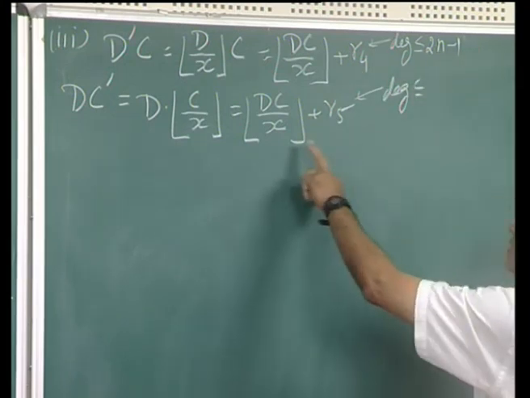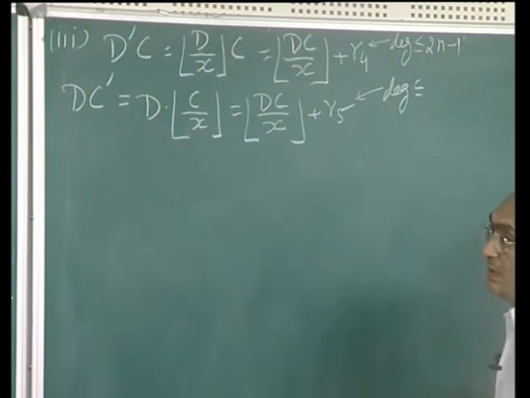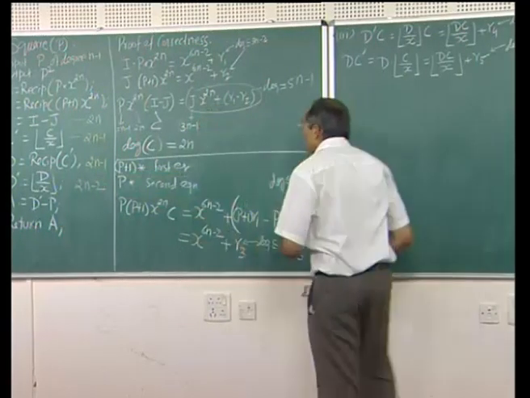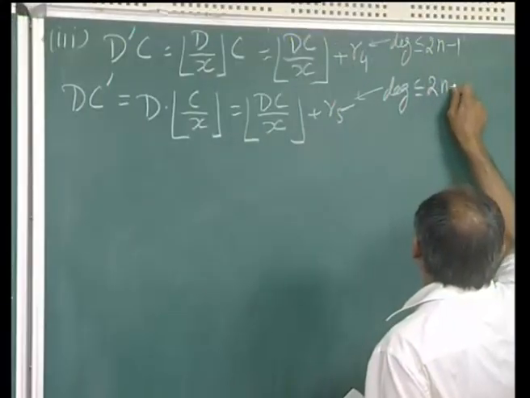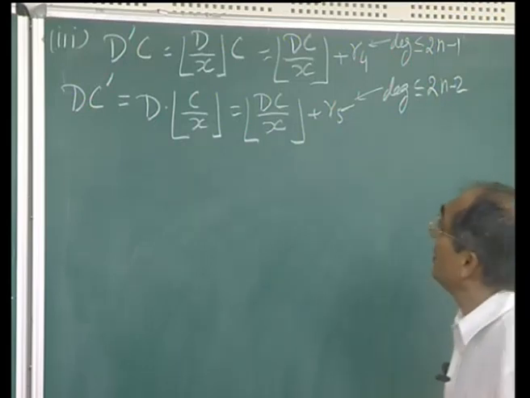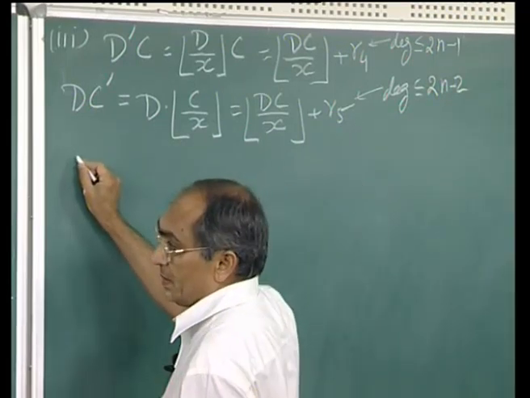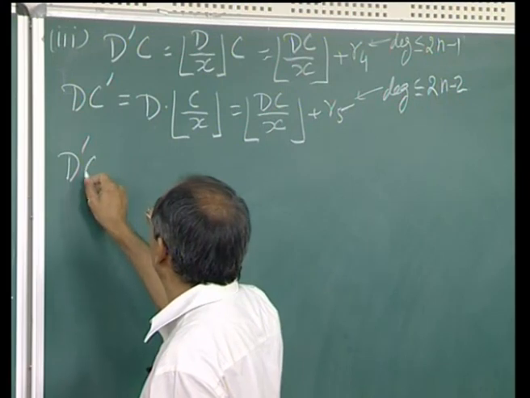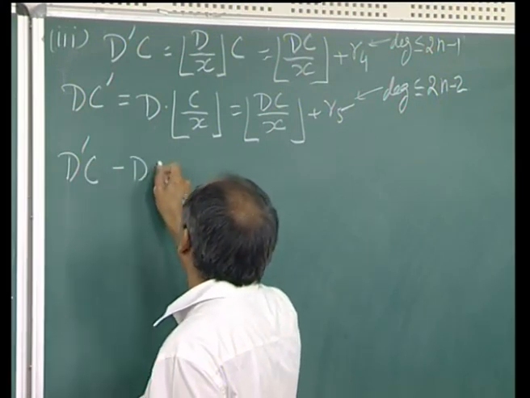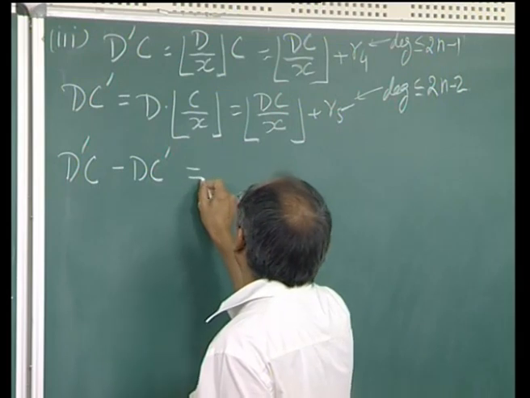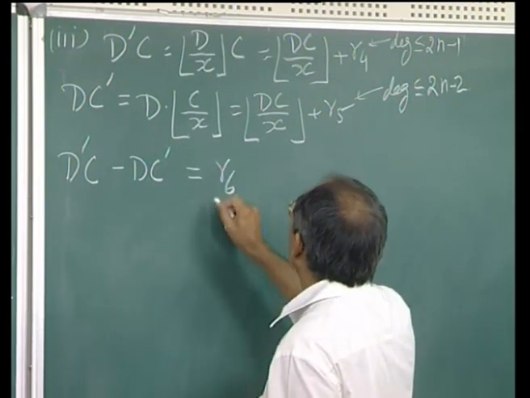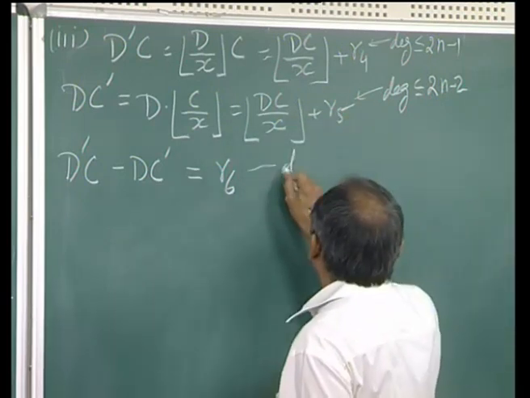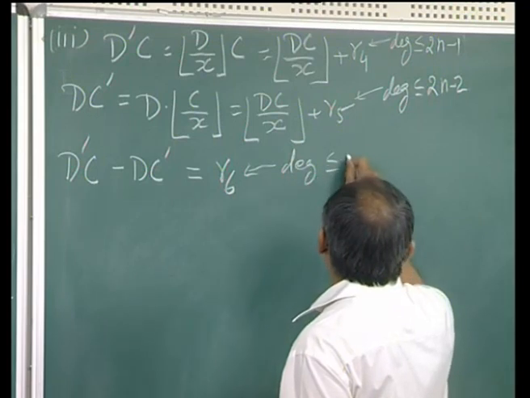Now, over here we have d outside, d has degree 2n minus 1. So, at most 2n minus 2. Okay. So, now if I subtract one from the other, I have d prime c minus dc prime equal to R6, this cancels out, and this has degree less than or equal to 2n minus 1.